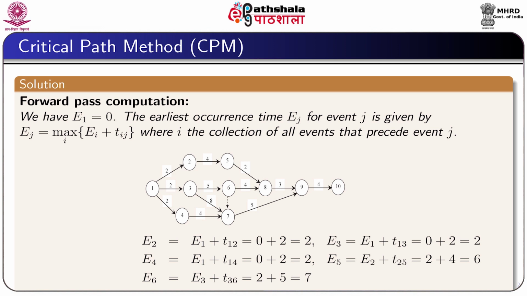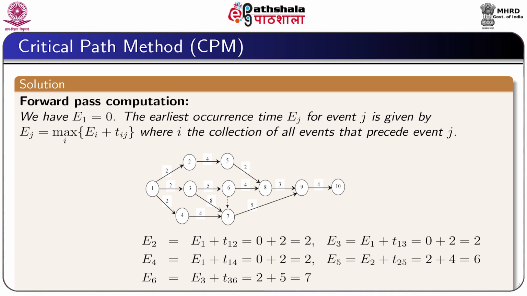and E6 is equal to E3 plus T36, that is 5, which is equal to 2 plus 5 equal to 7. Now, for E7 we see that the 3 activities 4-7, 3-7 and 6-7 are merging to the event 7. Therefore, these activities are the immediate predecessor activities.